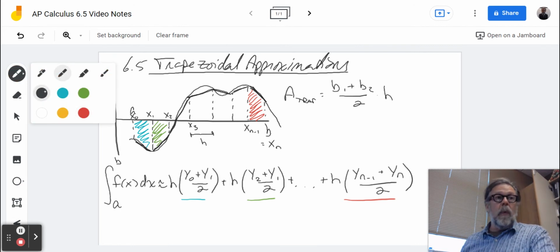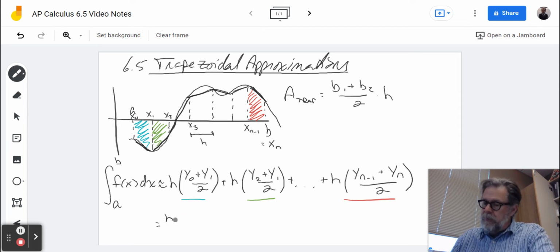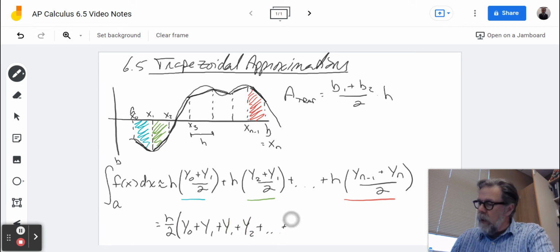Okay, so what can we do to simplify? Well, thing one, I'm going to factor out h. Thing two, I'm going to factor out the 2, the divided by 2. And what I've got here is y0 plus y1. That's the first trapezoid, plus y1 plus y2, plus dot, dot, dot, plus y sub n minus 1 plus y sub n.